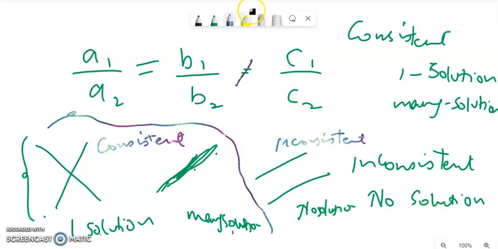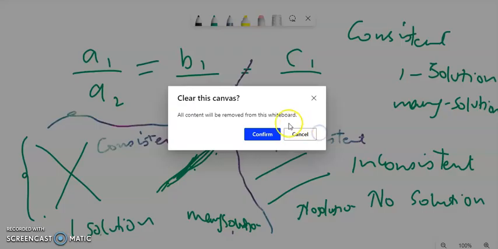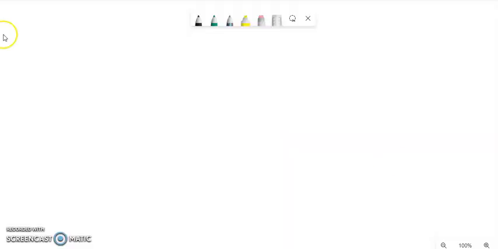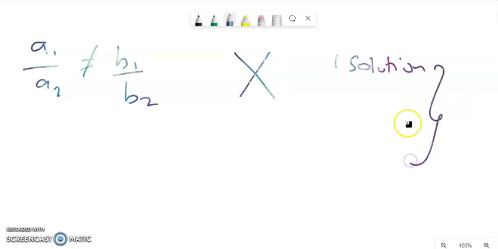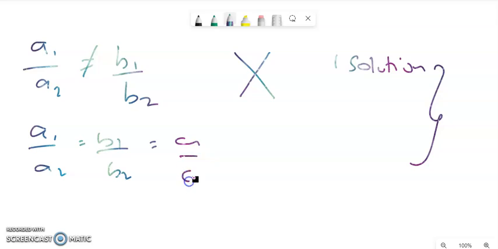Let me just sum up once. Let me clean the board. Okay, I'll sum it up here for your understanding. a1 by a2 not equal to b1 by b2: intersecting, one solution. a1 by a2 equal to b1 by b2 equal to c1 by c2: coincident, many solutions.